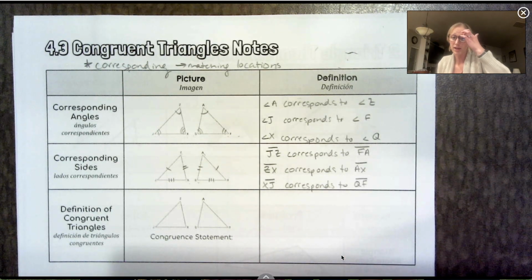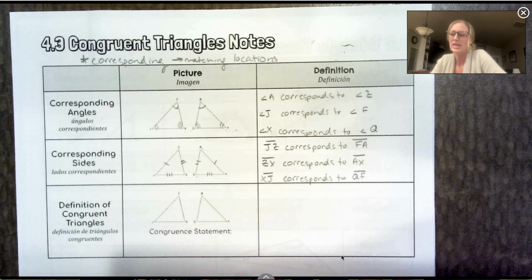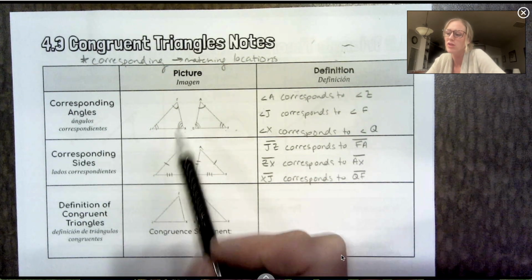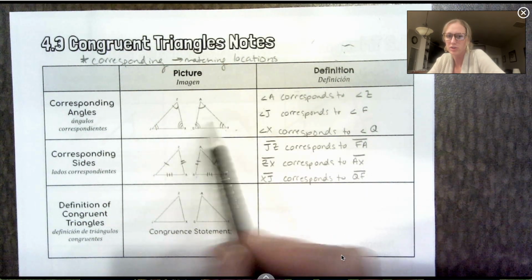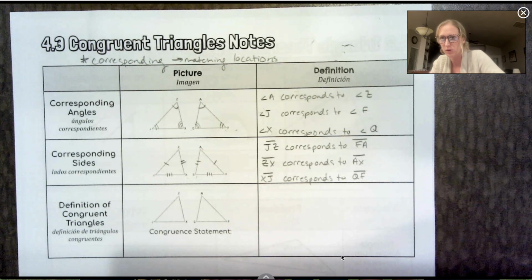All right, so when we have corresponding pieces in a triangle, in total I have 6. I have 3 pairs of angles, 3 pairs of sides. If all 3 pairs of angles are congruent and all 3 pairs of sides are congruent, that's actually how we define congruent triangles. Basically, all their corresponding parts are congruent.